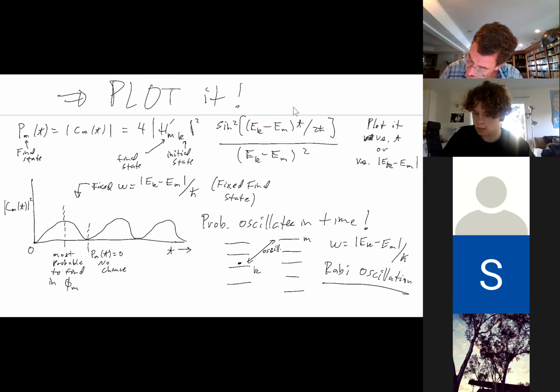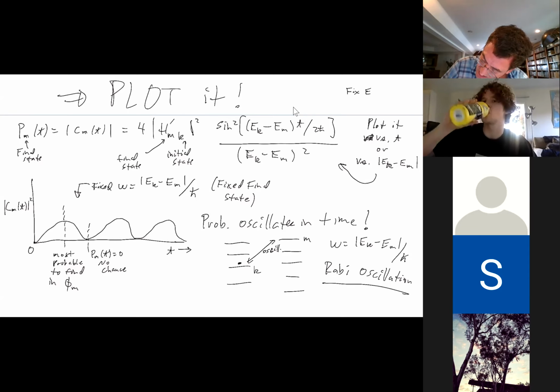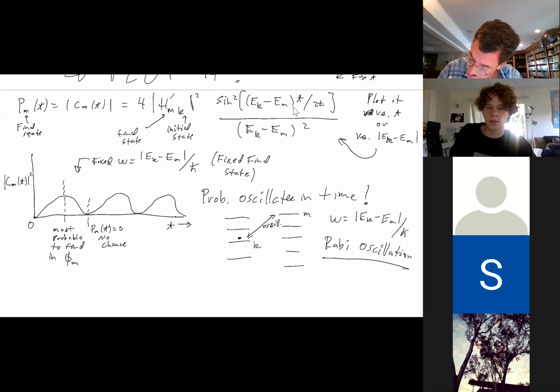Because look at this, we have two ways that we can plot this equation. We can either fix E_m, or we can fix time when we plot it. The first thing we did was fix the final energy, because I said it right here. We fixed the final state here.